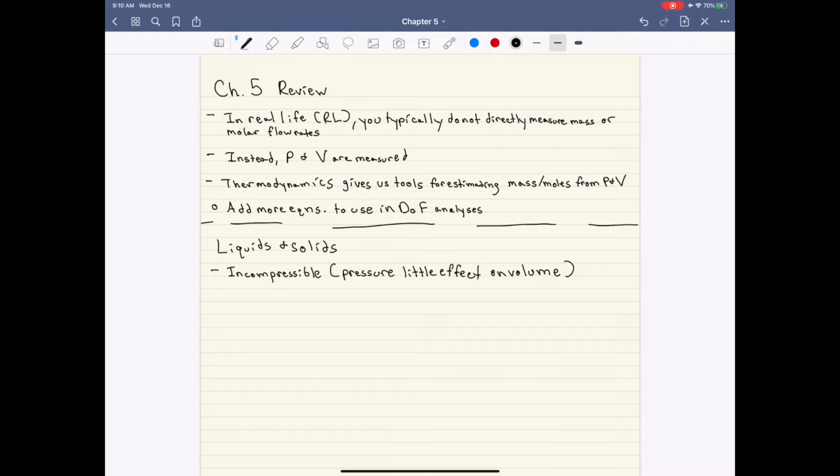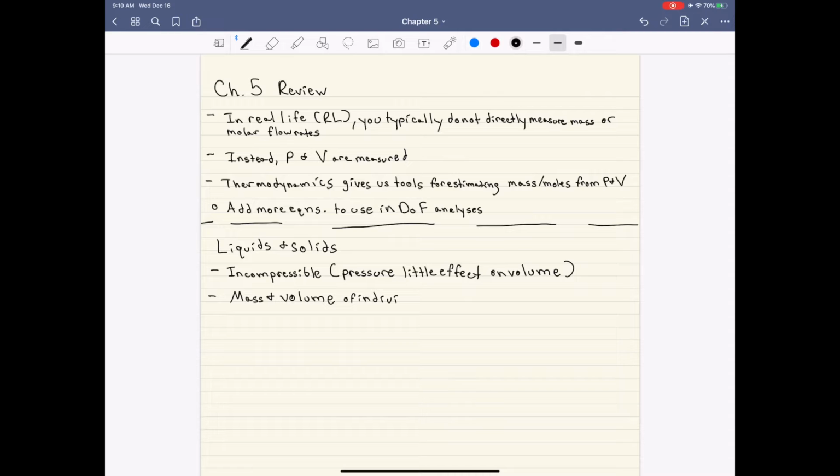Okay? And so, with liquids and solids, if you're dealing with a system that's just composed of an individual chemical species, you could calculate the mass and the volume of that chemical species. They are going to be related to each other via density or specific volume.